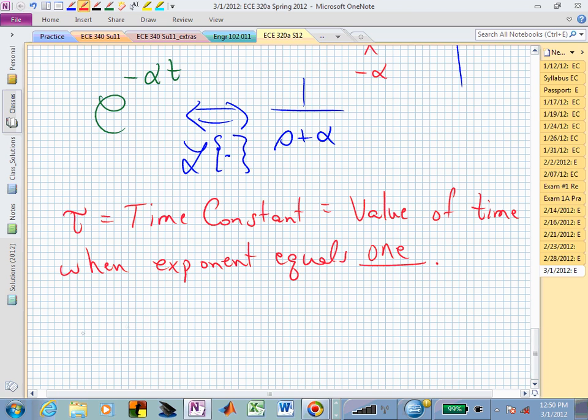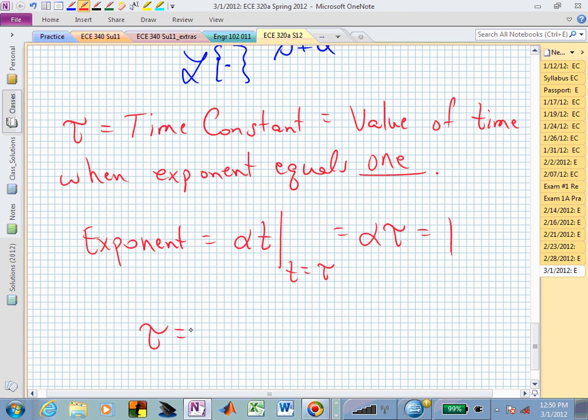So if you say my exponent is equal to alpha t, and you want to know what's the time constant, you're saying, oh, I want alpha tau to equal 1. Or tau, that's your time constant.